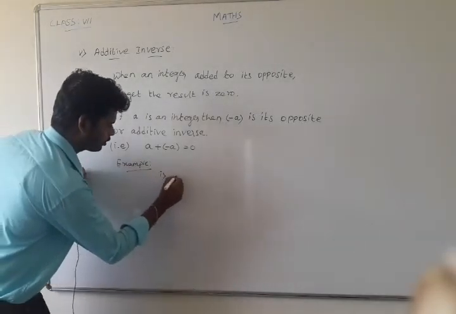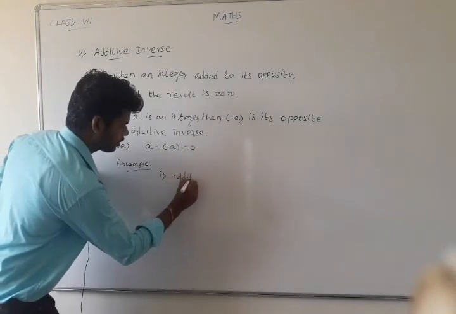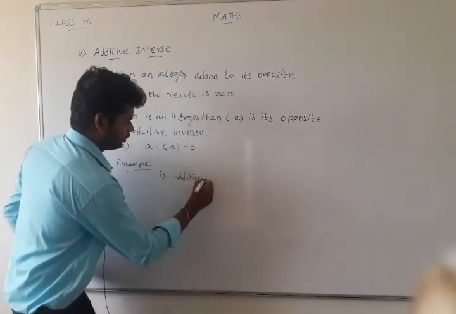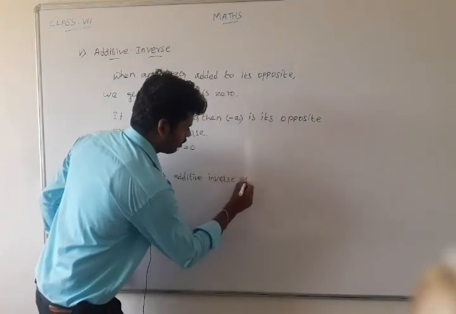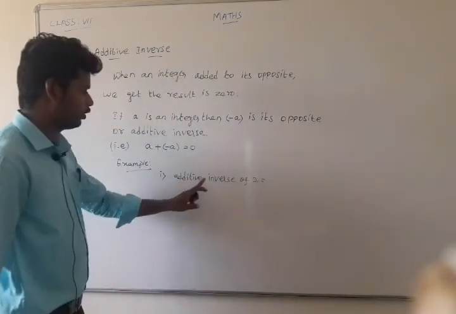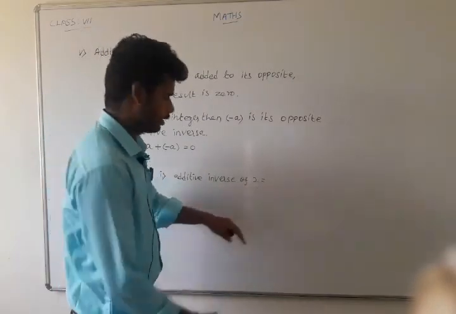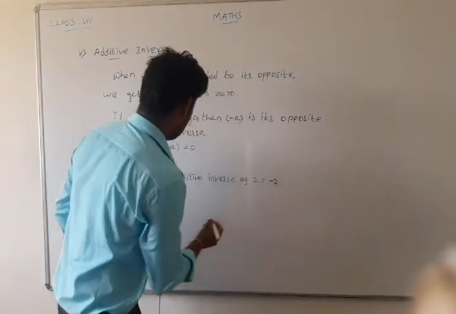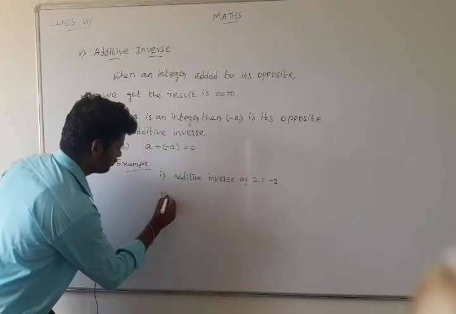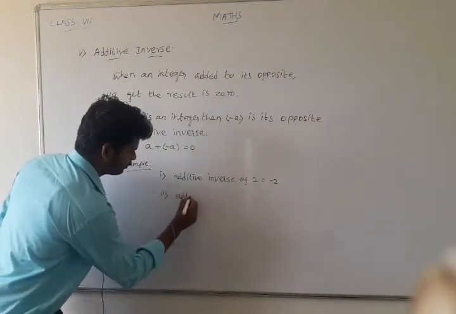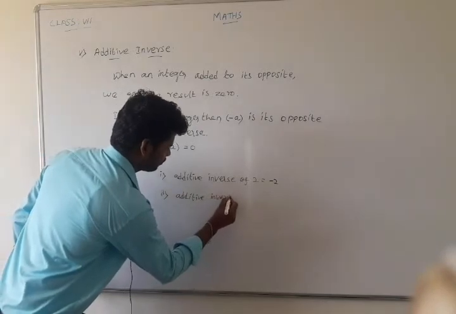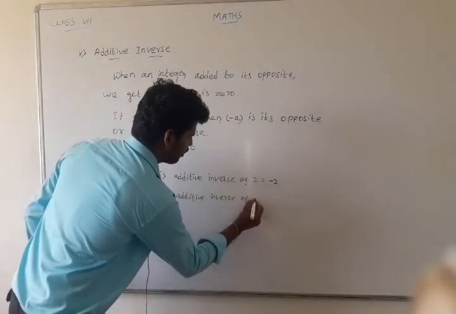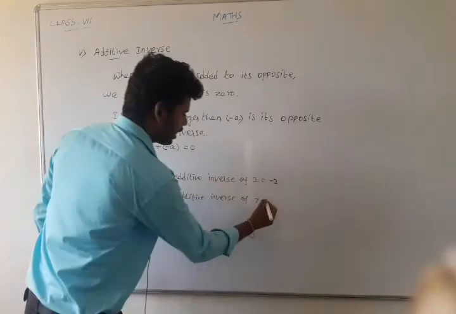First one, additive inverse of 2 equal to minus 2. Additive inverse of 7 equal to minus 7.